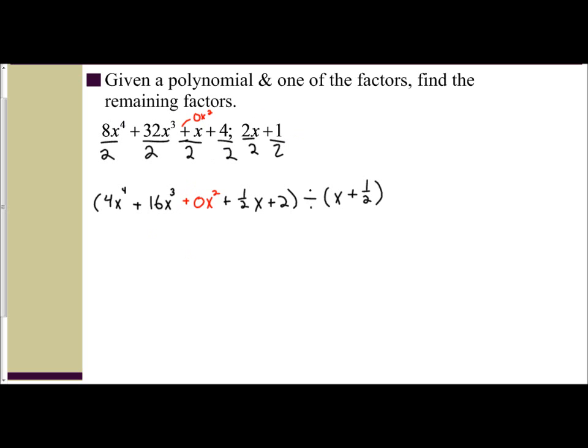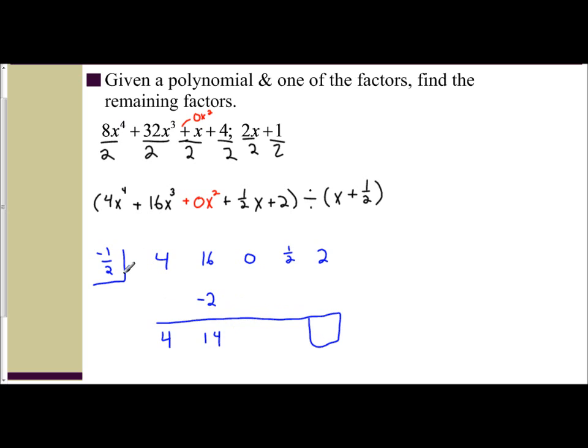So let's set up our synthetic division. We have negative 1/2. We have 4, 16, 0, 1/2, and 2. You drop down the first term. Negative 1/2 times 4 is negative 2. 16 plus negative 2 is 14.